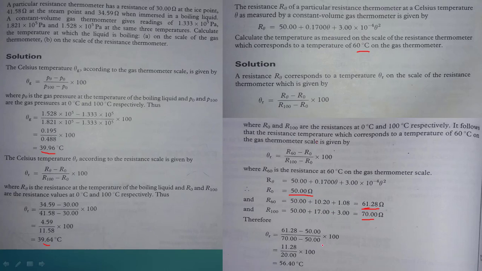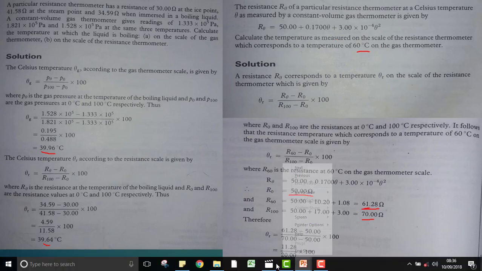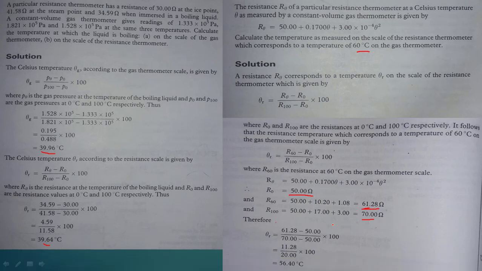You put in your formula unakuja kupata the same temperature, the same material ambayo ilikuwa measured 60 degrees centigrade kwenye gas thermometer, huku kwenye resistance thermometer ina read 56.49. As I told you kwamba these values zina differ slightly because of the different thermometric property that varies differently in a unique way na resistance.